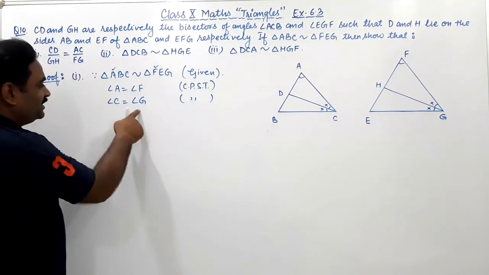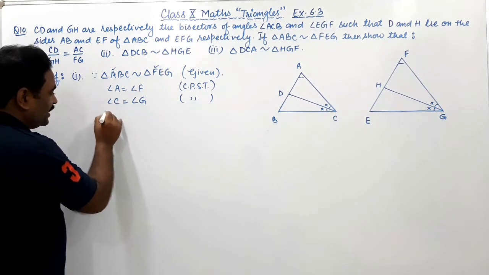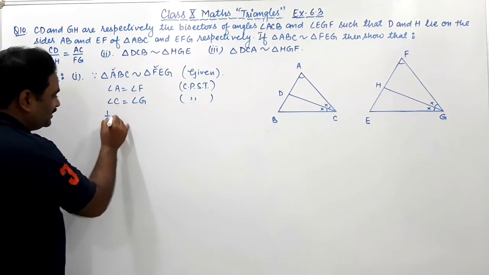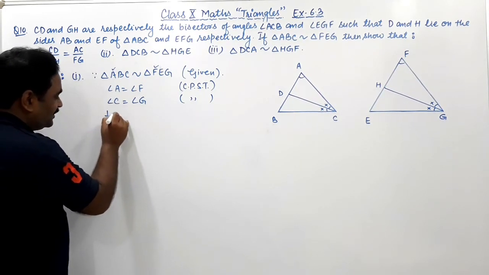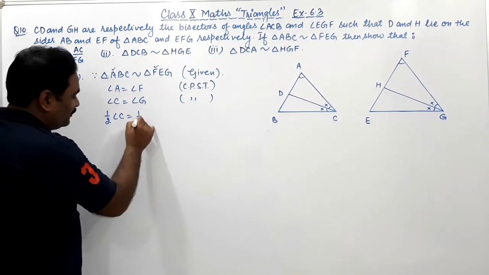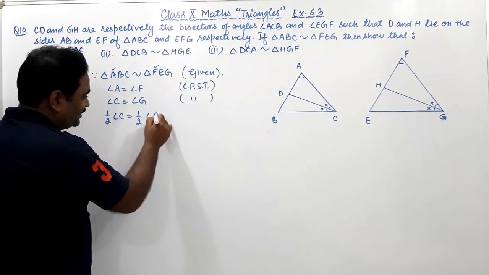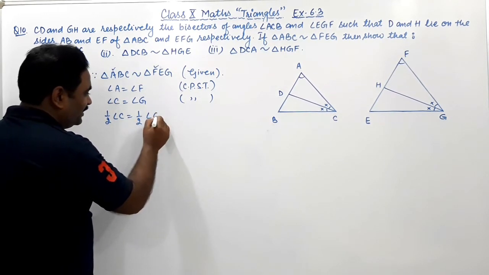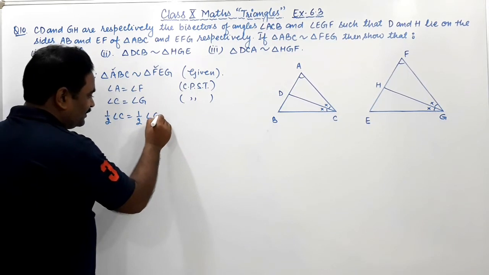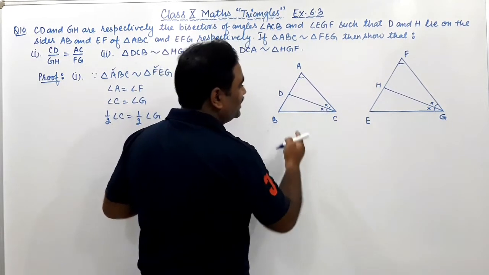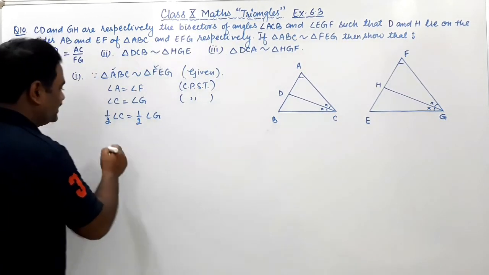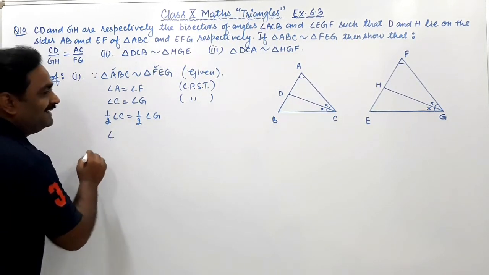So you just take half of angle C. If you are writing, half of angle C is equal to half of angle G. Therefore, half of angle C can be written as angle DCA.